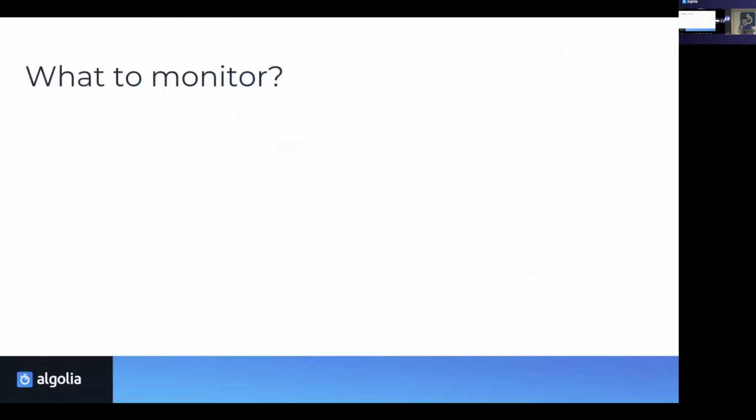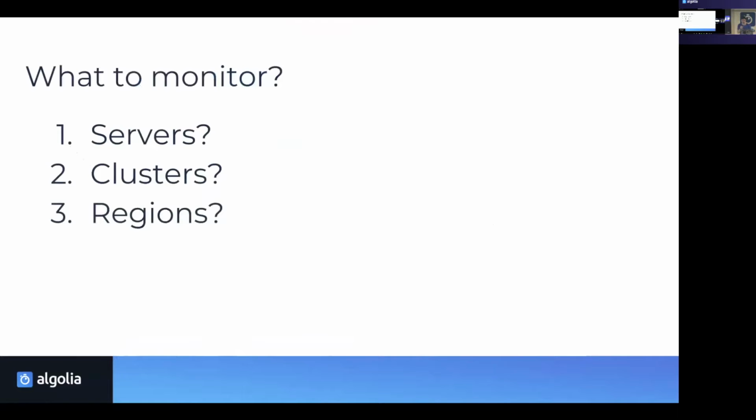So what to monitor? Should we monitor the servers, like the bare metal machines that we are using? Should we monitor the clusters, an entity that is specific to Algolia, but our customers don't really see it? Should we monitor the regions to know if at any given point in time one of our regions is down or not, and if the applications hosted inside are working or not?